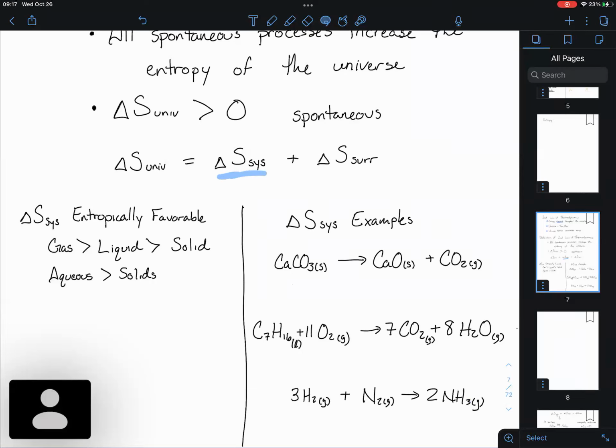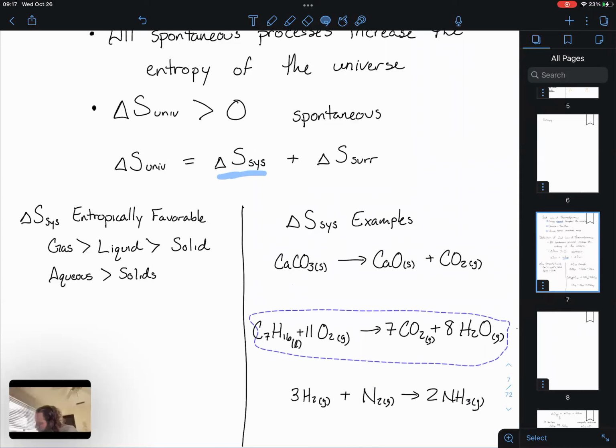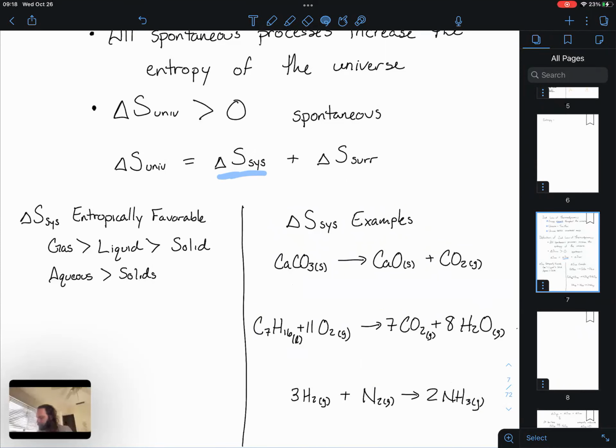All right, so we got three chemical reactions here. And again, our goal is to determine whether they are entropically favorable or unfavorable.